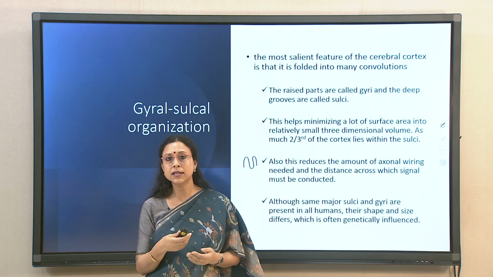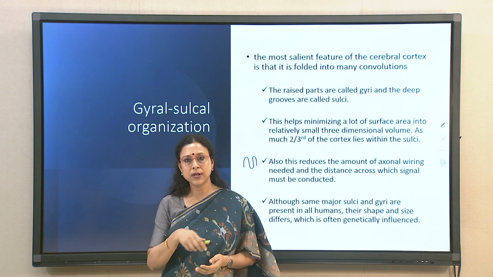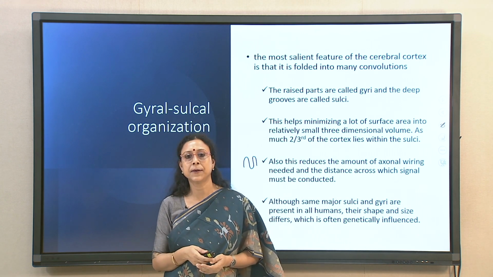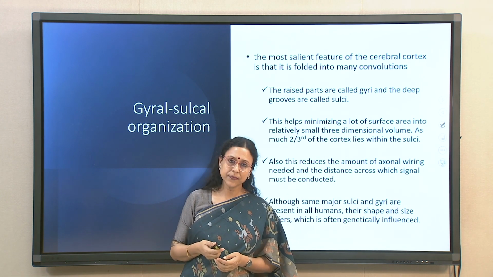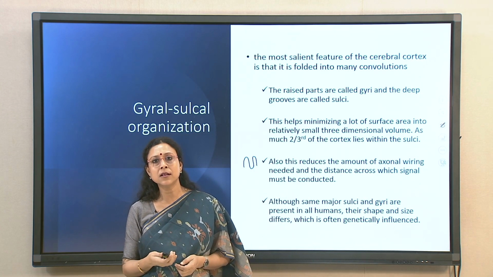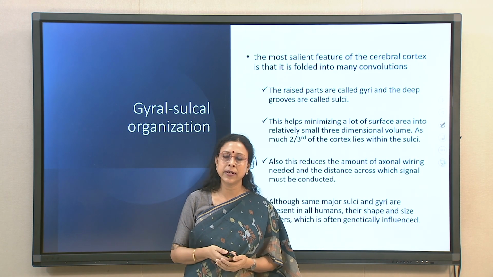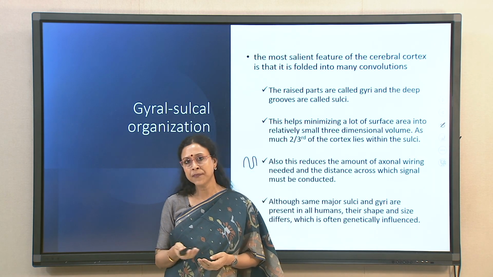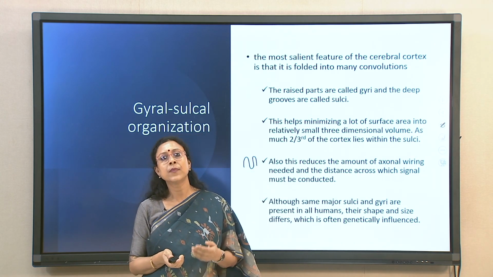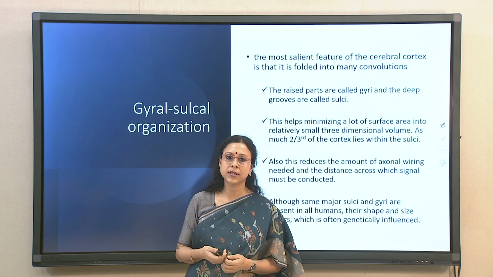Also, because of this structure, it reduces the amount of axonal wiring needed for transmitting various kinds of signals across the areas of the brain. That is also a very good outcome of this kind of structure.